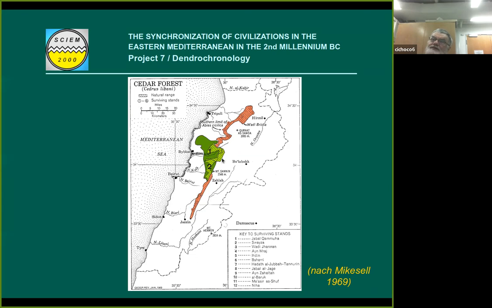There is one interesting hint where in antique times cedars might have been growing, or for sure have been growing. And these are Roman rock cuts, rock marks, which delimitate an area which is shown in green.